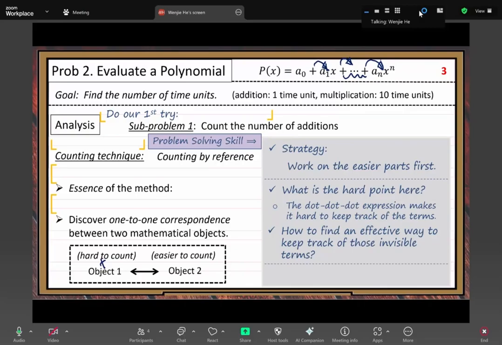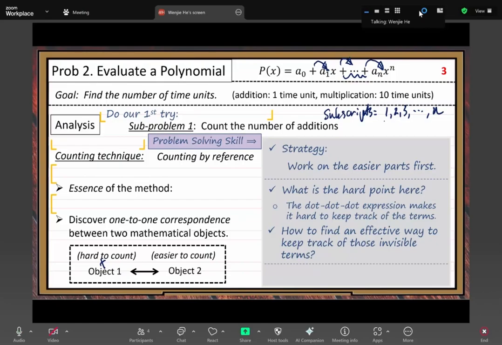This time you count the subscripts: 1, 2, 3. Those are all your subscripts, consecutive integers, right? So you list all the objects of type object 2.